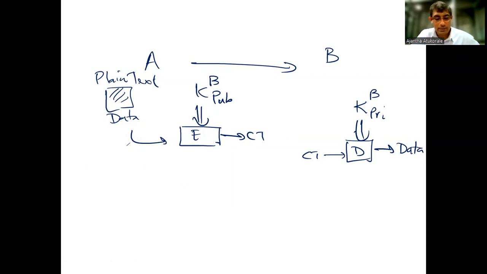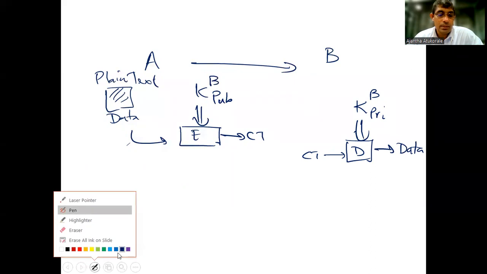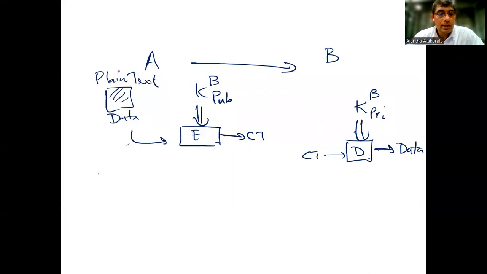I'll keep the blue as it is. Now I'll talk about the digital signature, DS, with green. What we have to do is take this data first and apply SHA3, whatever the message digest algorithm. You get the message digest. This is also plain text.